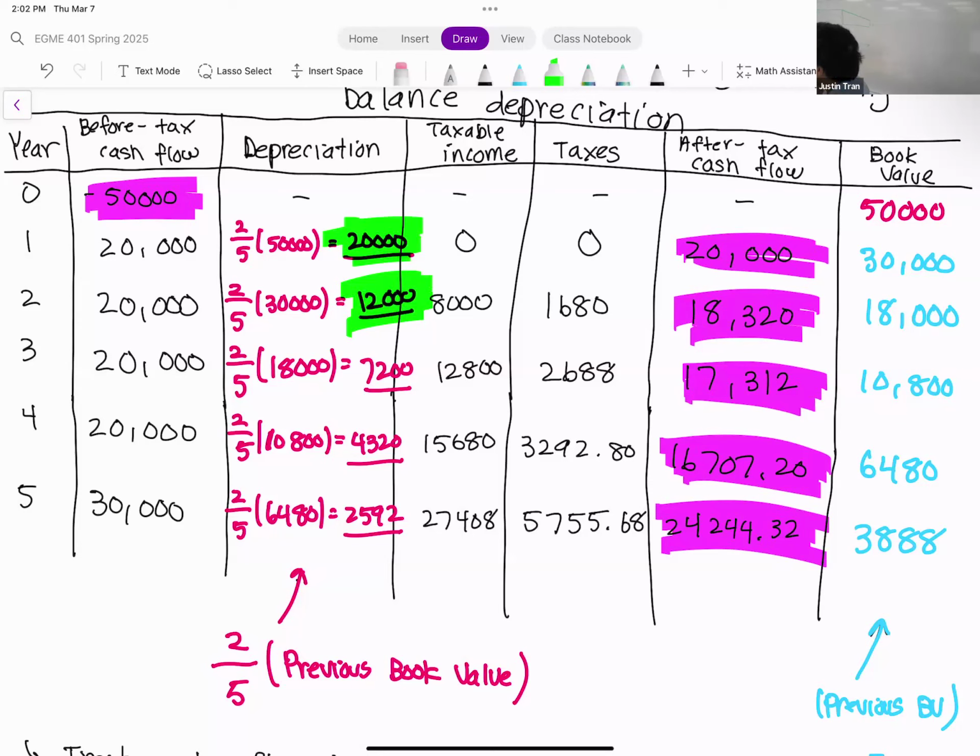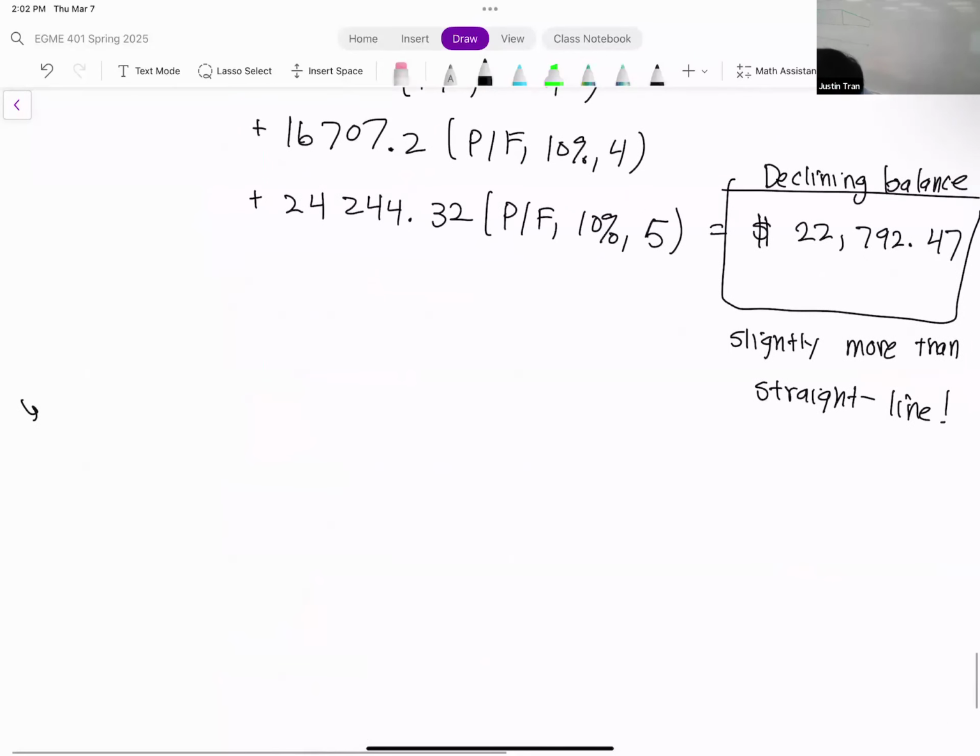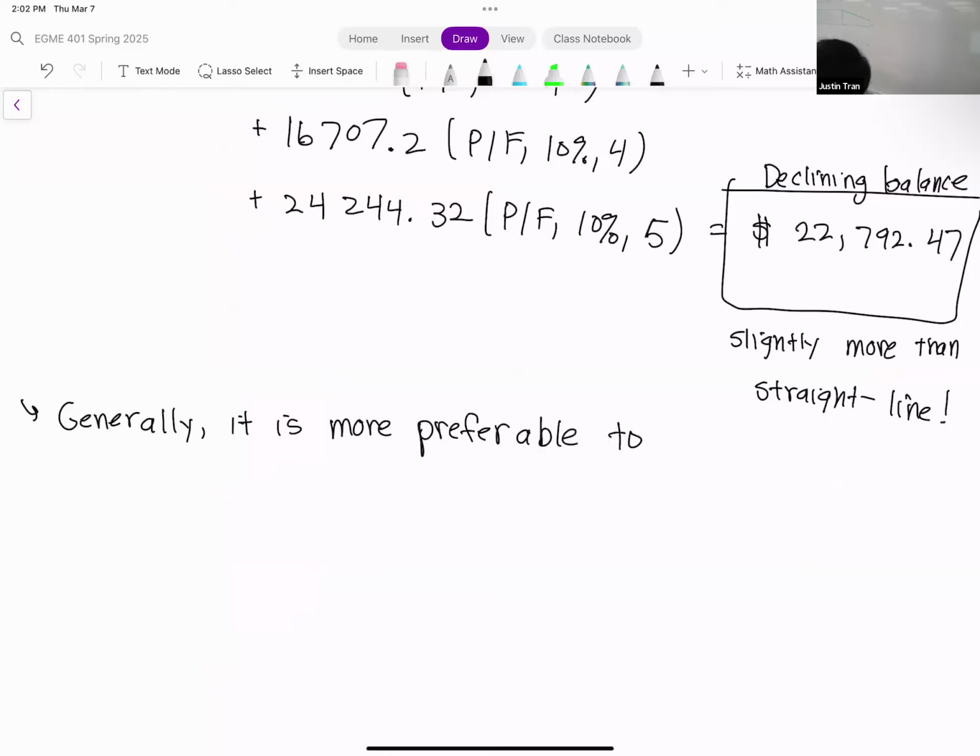But with declining balance, we front load this, and so we depreciate more upfront. And generally, that's what you want. Generally, it is more preferable to depreciate more of the value up front.